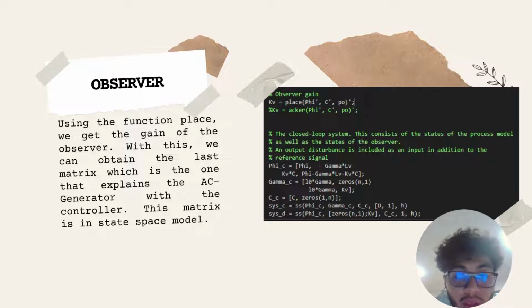And in the last part, phi c equals phi minus gamma times L, then KV times C, phi minus gamma times L minus KV times C. That is our matrix of the observer.